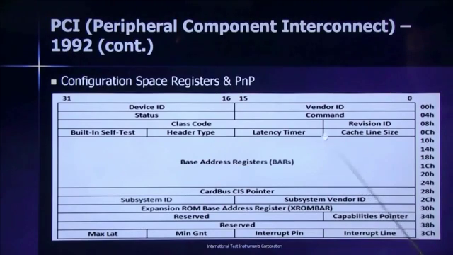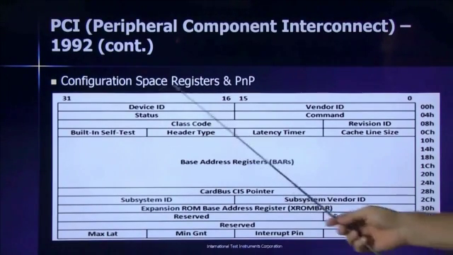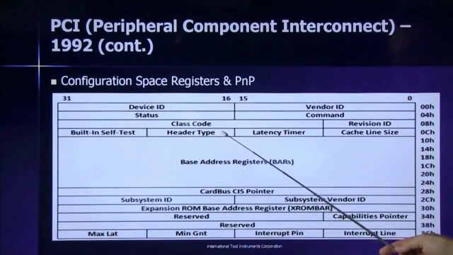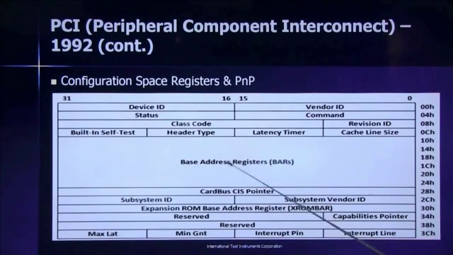Cache line size, latency timer, and built-in self-tests I'm not going to talk much about. The header type is a field that describes whether this particular device is an endpoint device, whether it's a bridge or whether it's some other type of device.